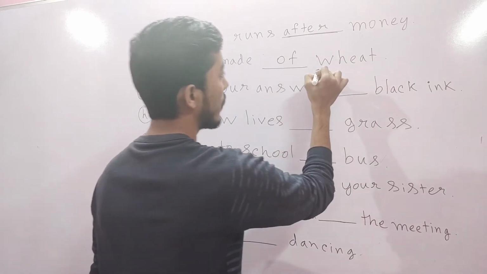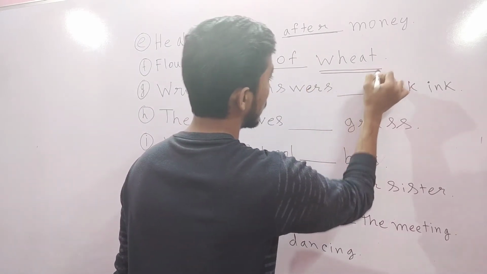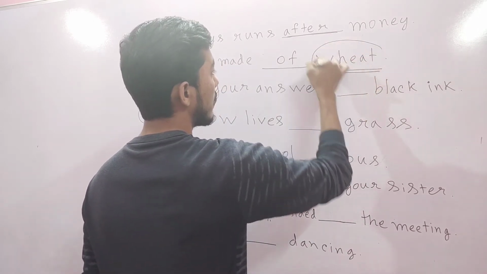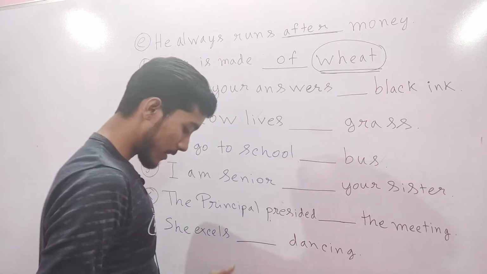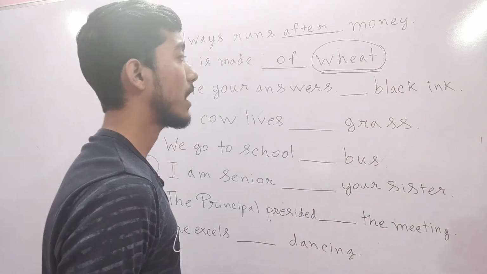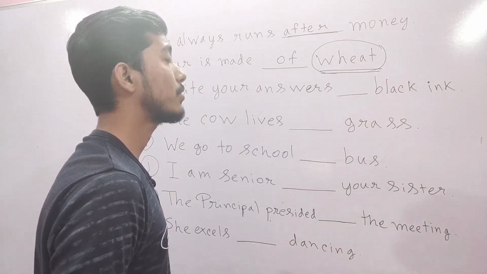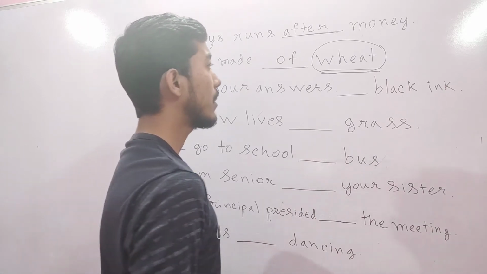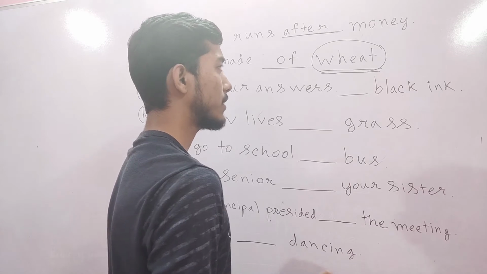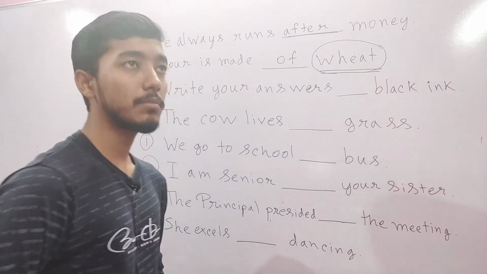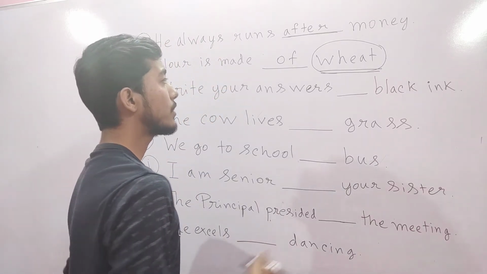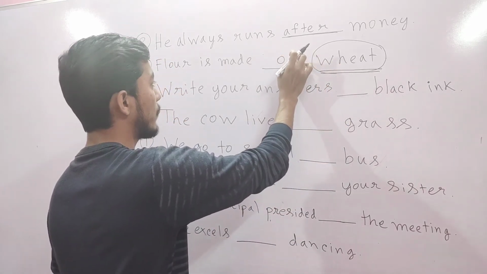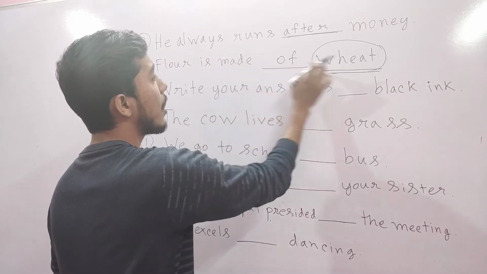Now here, whenever the thing or the substance is something that undergoes a physical change, or any kind of change, then we have to use of. Like flour is made of wheat.